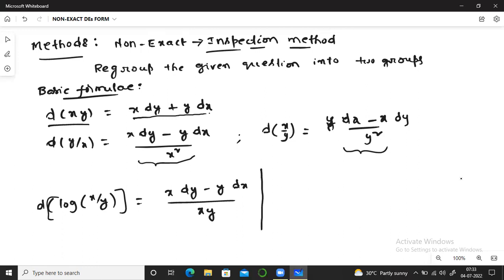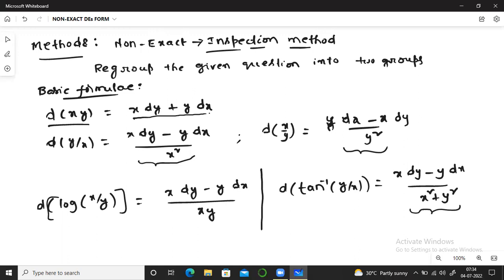Differentiation of tan inverse y by x is (x dy minus y dx) over x square plus y square. It means if the question has this term, automatically you can replace it with this term, you can regroup into this.